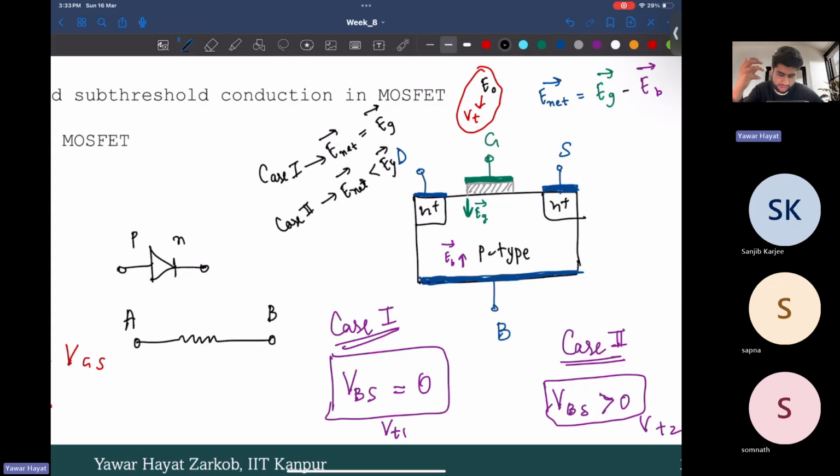But we need E net to be equal to EG. So in other words, we need to increase this net electric field. Now, how will we be able to do that? By applying more gate to source voltage, VG. So in other words, our threshold voltage would increase. I hope this is making sense.